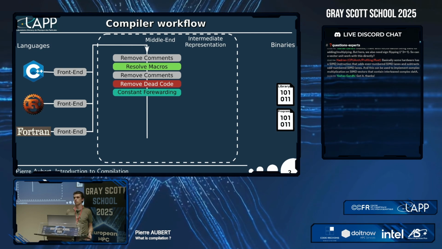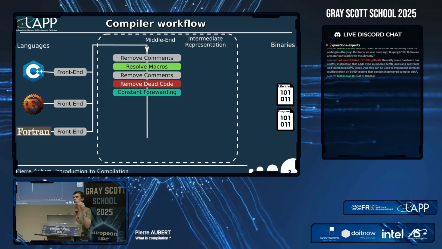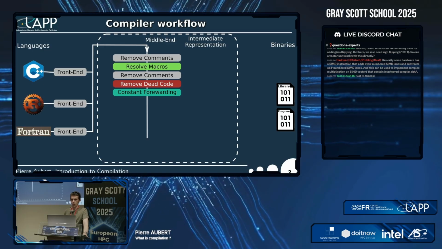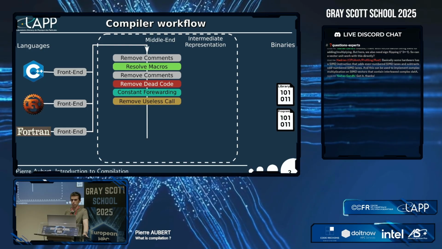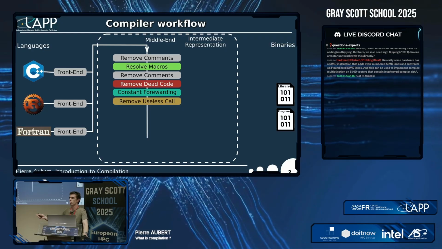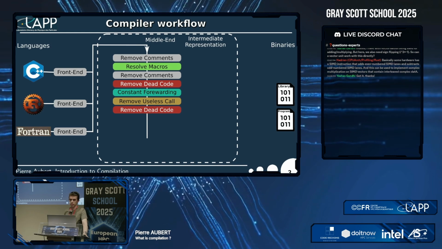So instead of having a fixed value inside a variable, you copy the value directly where you want to use it. You don't have to do that, the compiler does it for you. And maybe you can remove useless code with that, because with the dead code, maybe you have a part that you don't use and you don't have to call this function, so you remove the function. And maybe you can also remove dead code with that.